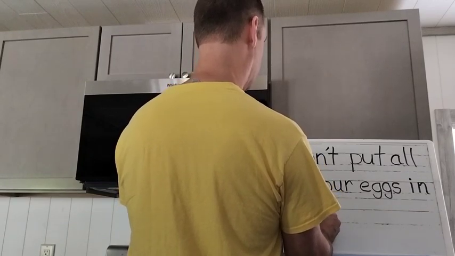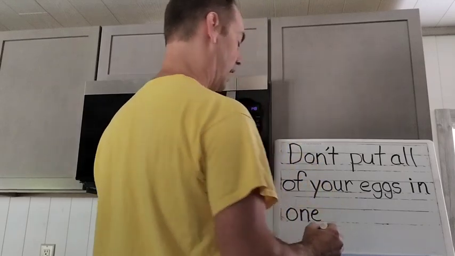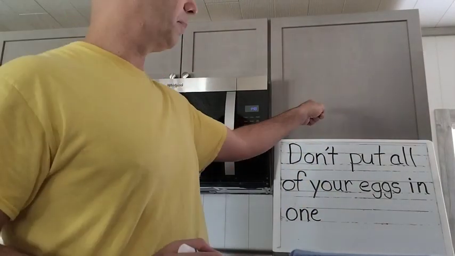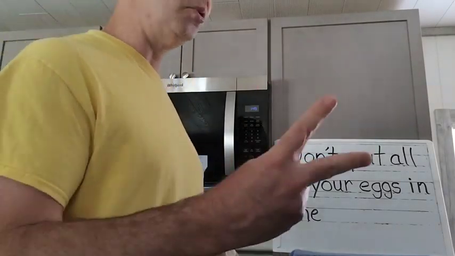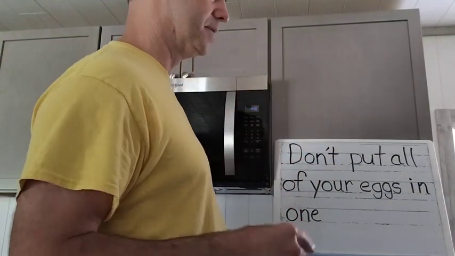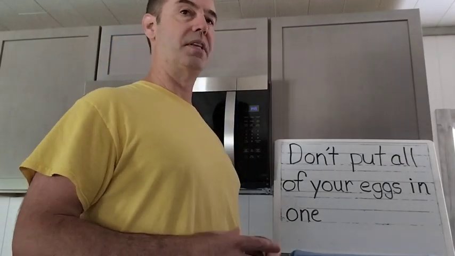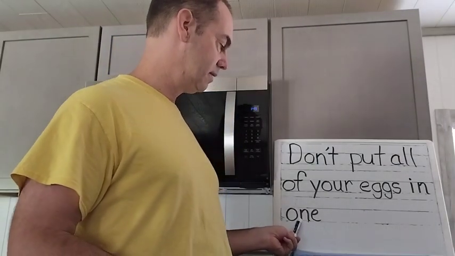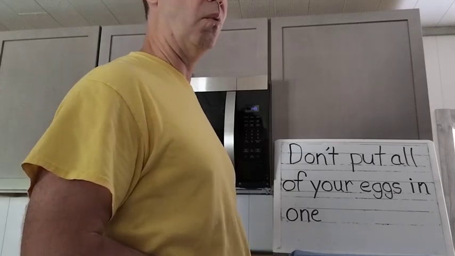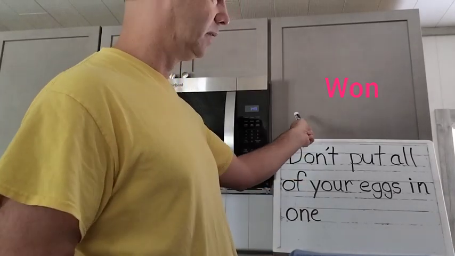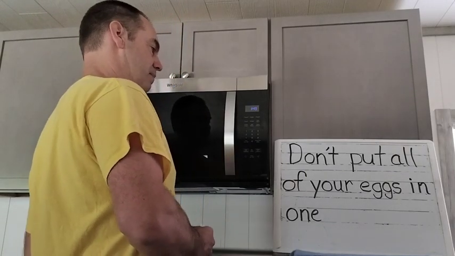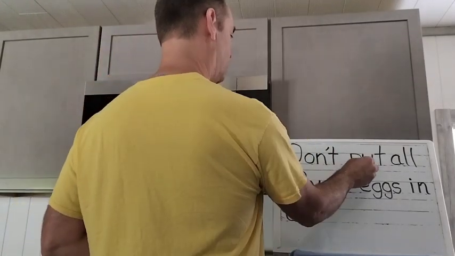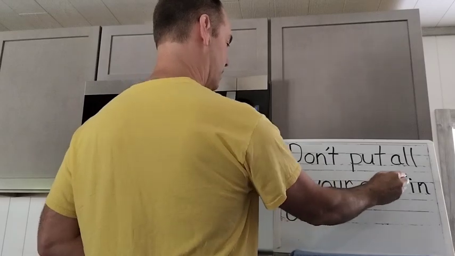When it's the word like I won the game, like I'll put it up here, I won the game, then it does start with a W. There's two different kinds of ones. There's one that's the number one, like this, and then there's the kind that's I won the game, like up here. They're spelled differently, but they sound the same, they mean different things. Don't put all of your eggs in one basket.